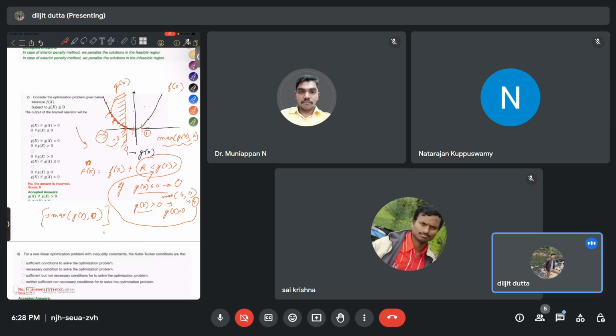If g(x) is greater than 0, we are putting the function as g(x) only, and it is 0 when g(x) is less than or equal to 0. So in this region we are putting the constant value as 0, and in this region we are putting whatever the constant value is there. Okay, this is how we apply the penalty function.